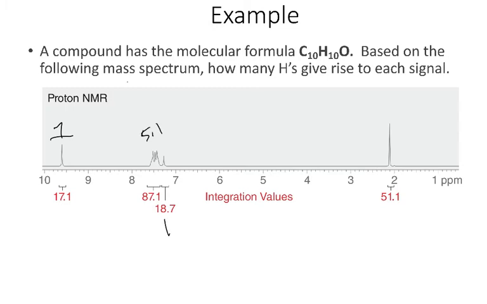That's going to be 1 again, and then the 51.1 gives me 3. And so this may be the relative number, or it may be the actual number. And so we have to see. If we add up each of these numbers, if it gives us 10, then we're just done. And so 1 plus 5, 6, 7, 8, 9, 10. So not only are these the relative number of hydrogen atoms that give rise to each peak, it is in fact the actual number of hydrogen atoms that give rise to this peak. When we add up all these values, if we get 10, then we're done. Let's do an example where that doesn't.